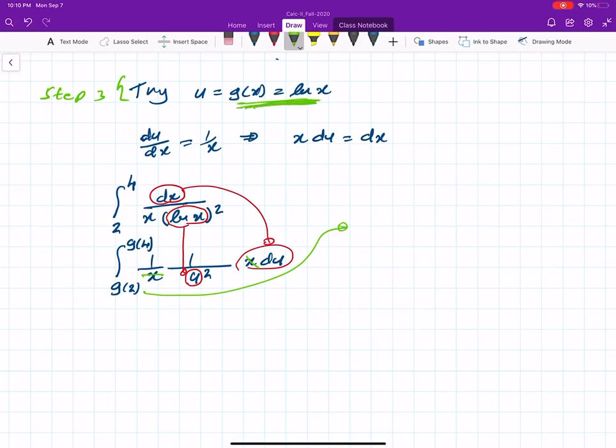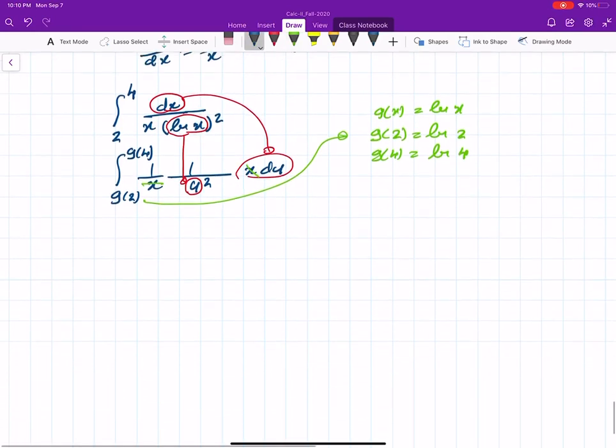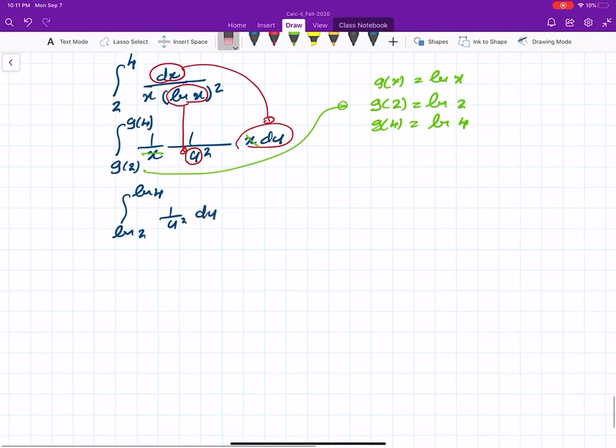So what I need is g of 2. g of 2 is actually ln 2. And you also need g of 4. g of 4 is actually ln 4. That's because g of x is ln x, which is given right here. All right, now you write this to be ln 2 here, ln 4 here, 1 over u to the power 2 du.